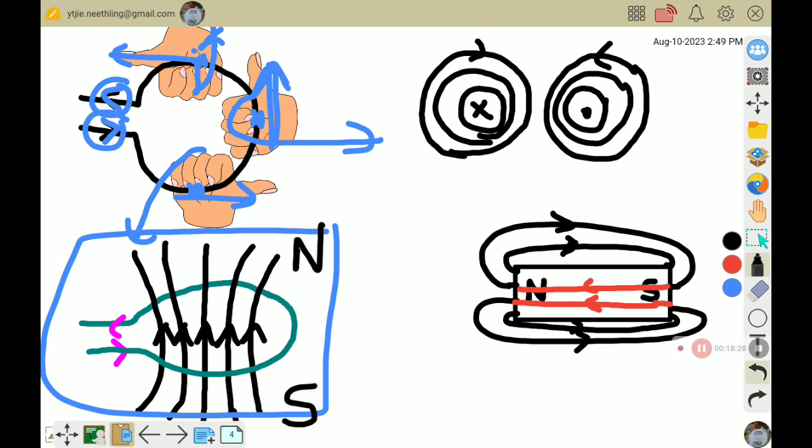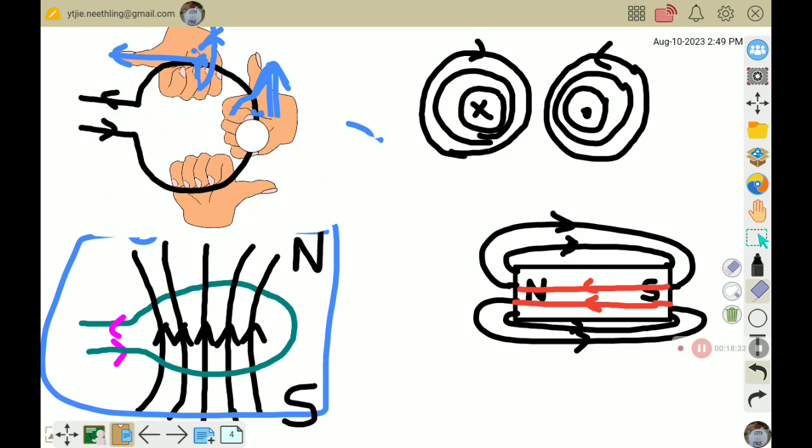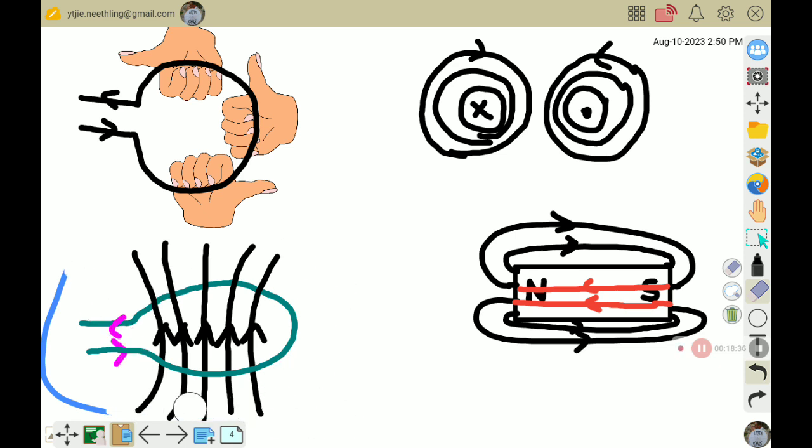Okay, if we look at the specific points here, and there was a paper there, we would have seen this picture with the iron filings. Okay, so one of them is going into the page and the other one is out of the page.